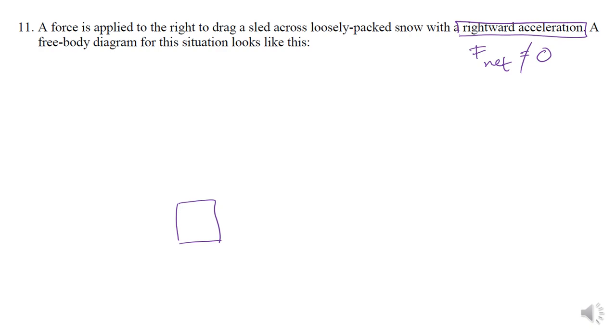It's going to be towards the right. The fact that it says loosely packed, I know that it's probably not obvious to Australians, but what it's saying is the force of friction is going to be an issue. So I'm applying a force to the right, so that is an F app because it's the force that I'm applying, and I then have, in the opposite direction, the force of friction.